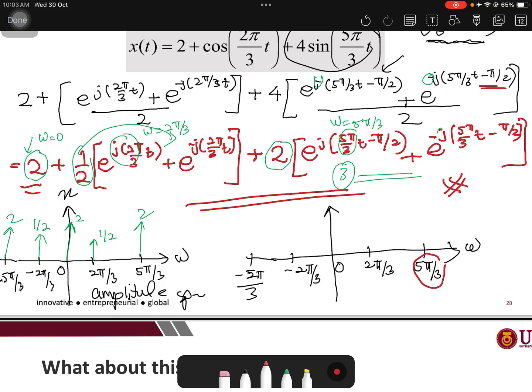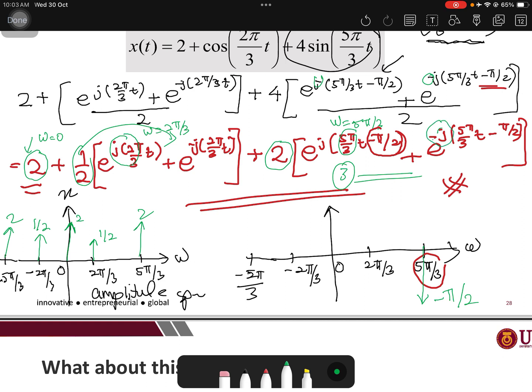Now let's look at the phase for omega 5π/3. For the positive side, since it is negative π/2, technically you can draw it this way, negative π/2. What about the negative side?